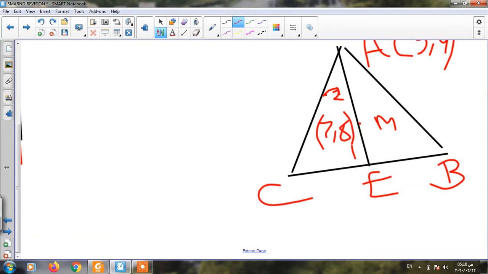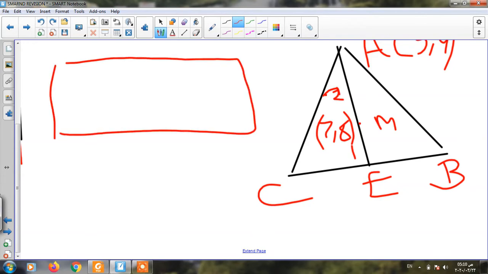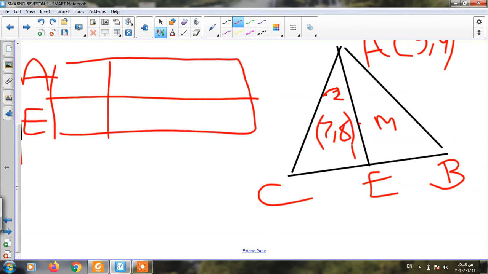Point of division in general, the ratio here is 1 to 2. So how can I get the point E? What do we have here? We have a table, and we put here A and here E. Can you see that? And because we have A up, we start putting 5 and 4. This is A, the coordinates of A.